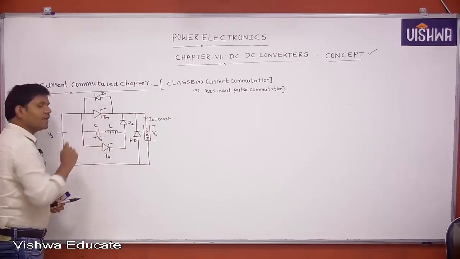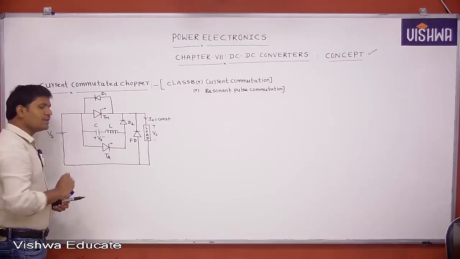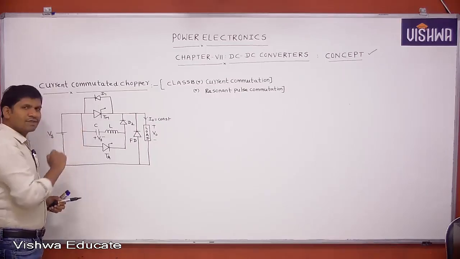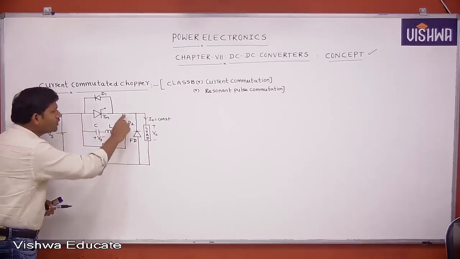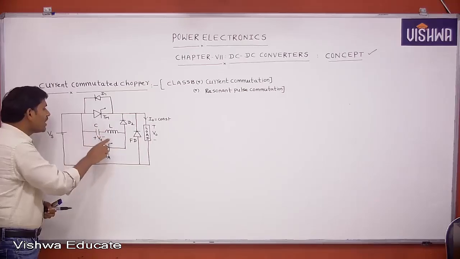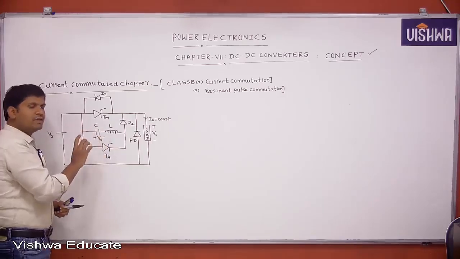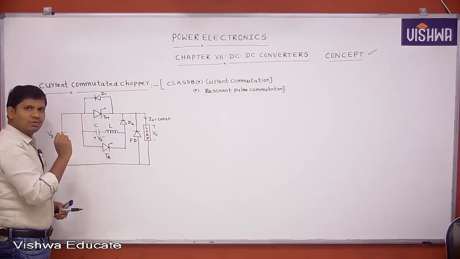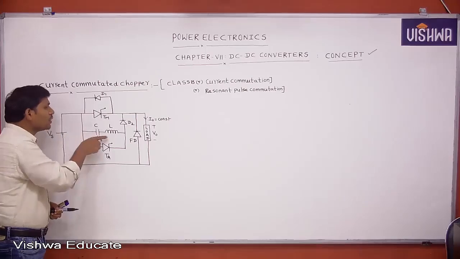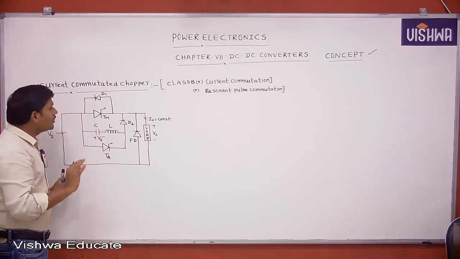Don't trigger the main thyristor or the auxiliary thyristor, switch on the supply, then current flows through this circuit and the capacitor charges to a maximum voltage of Vs. Then it acts as an open circuit at steady state, so there is no current. Now the circuit is ready to operate.